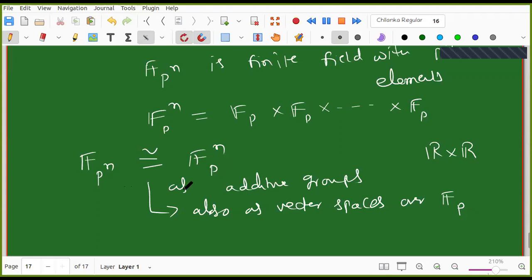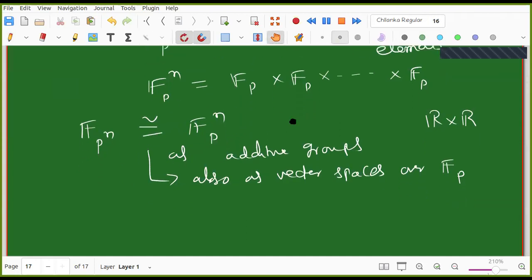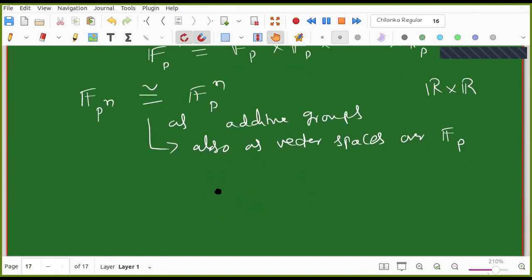That is another way. The third approach is that it is isomorphic to F_p^n, so I can think of elements of F_{p^n} as ordered tuples also. Are you okay? It is very nice, but many people do not tell those things, and it takes time to understand them.